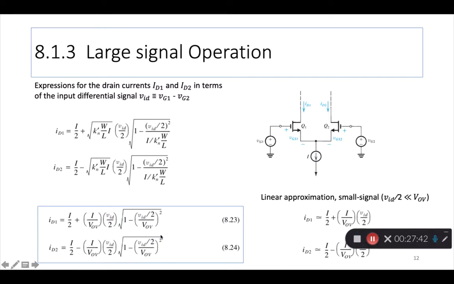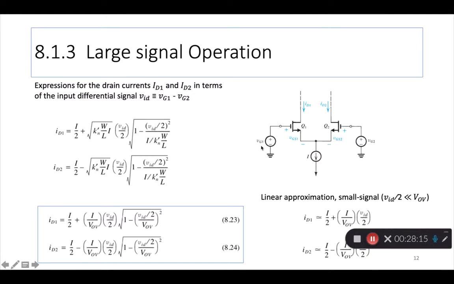Now if you want to rewrite that in terms of overdrive voltage, remember if I is constant through an outside current source for biasing, then this I will force the two devices into operating with a certain overdrive voltage, right? Now remember here we have two different signals, VG1 and VG2, and VG1 is not equal to VG2.